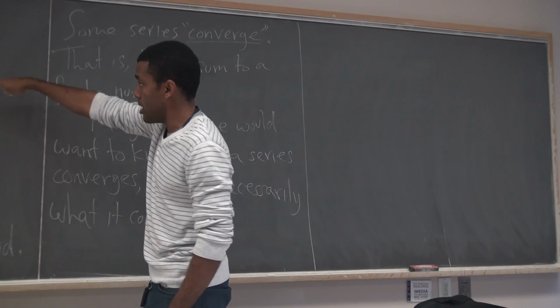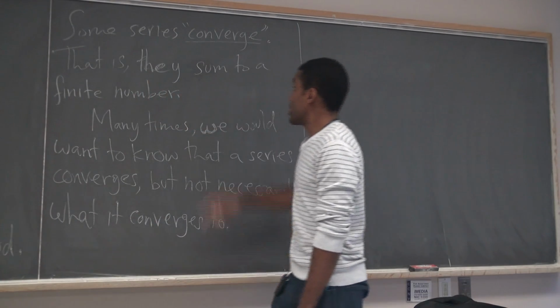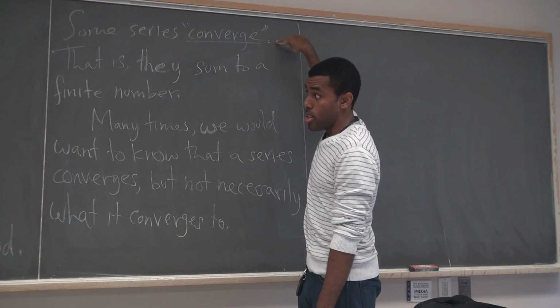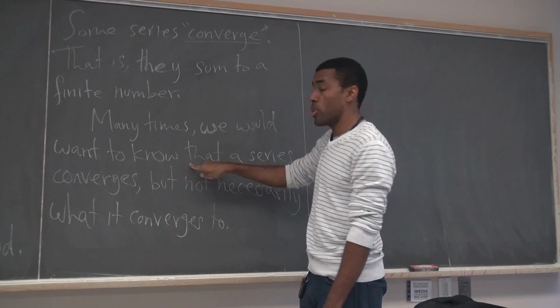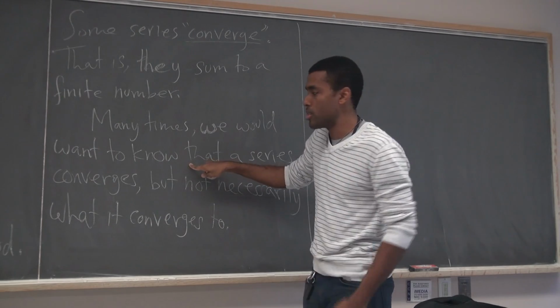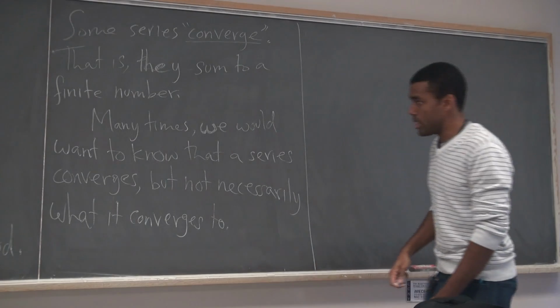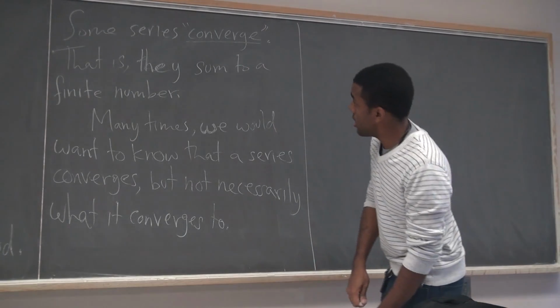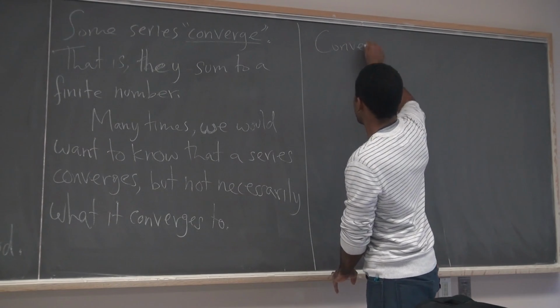You can have finite ones and infinite ones. The infinite ones are the ones we care about the most. Sometimes series, whether finite or infinite, can converge. That means they will add up to a finite number. A lot of times we want to know when this happens. We don't care what it adds up to. Sometimes we'll care about what it adds up to, but not always. So convergence, let's talk a little bit more about that.